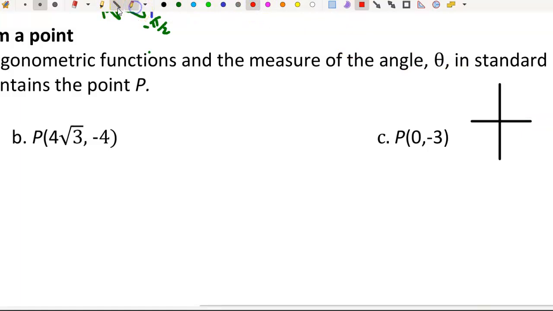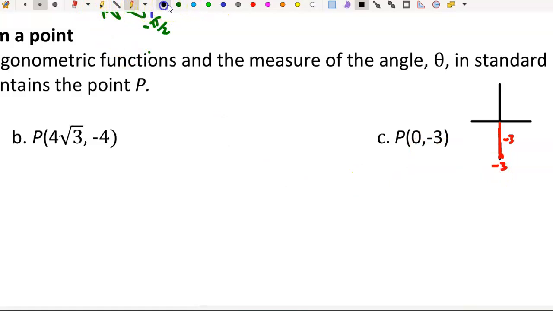We're going to be working on this during Friday in class, so you can get started, but you'll have all Friday to finish this. So we have 0, negative 3 down here. Again, we're going to have some undefined stuff. Do we remember what all that is? Our rise is negative 3, right? Our run is 0. Hypotenuse, we can say technically, is 1 or 3.